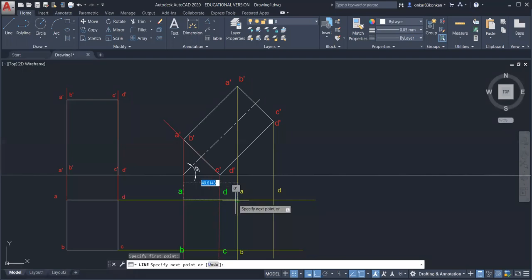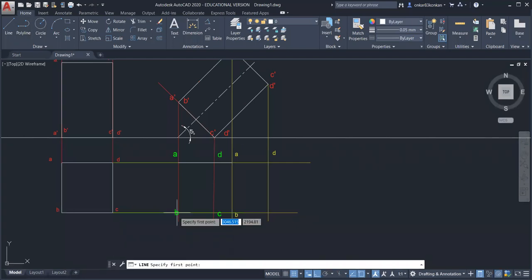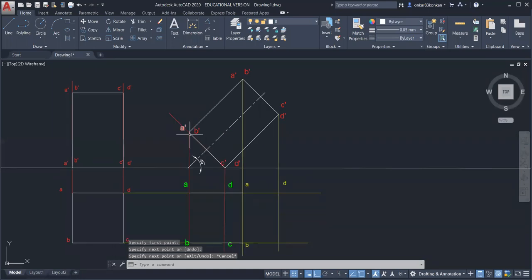This AA dash, that is a vertical edge, and BB dash, are visible in the top view. Similarly, the base edge A dash B dash. Here A dash and B dash represent one edge, so this edge AB will be visible in the top view.